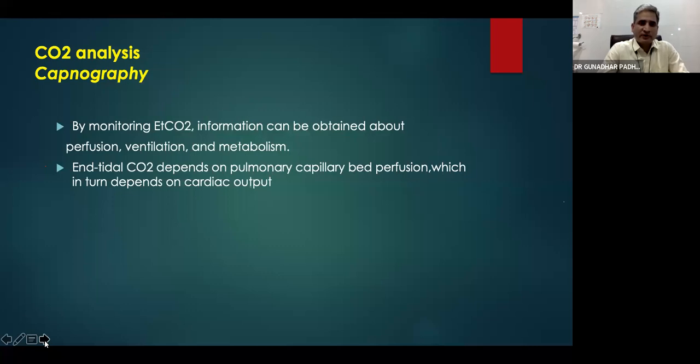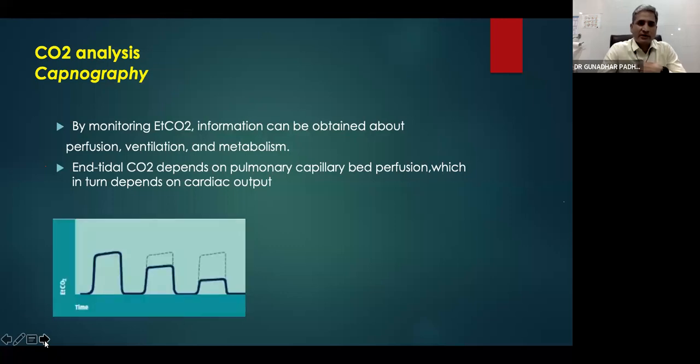So whenever your patient is on a ventilator, with ARDS or stiff lung, always recommend using capnography and ETCO2. This is a capnography which shows that gradually there is a fall in the area under the curve of the capnography tracing. That means your cardiac output is gradually falling.